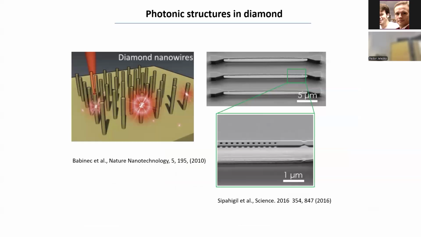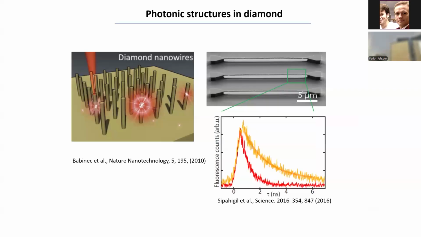For low temperature, there is also effort to couple color centers to photonic crystal structures, photonic crystal cavities. There is also a possibility to get color centers inside of pillars. It also enhances the outcoupling of light. So for photonic crystal cavities, you can get enhancement on both sides.